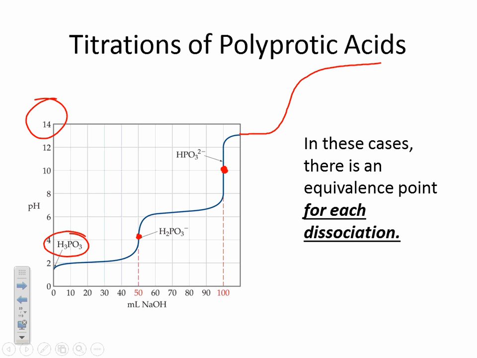You can have pHs greater than 14. 3 molar sodium hydroxide has a pH that's greater than 14. You just need an incredibly strong base to do that. So with polyprotic acids, you have multiple equivalence points. Your curve basically has multiple steps, each for the deprotonation of the hydrogen ions coming one at a time off of the polyprotic acid.